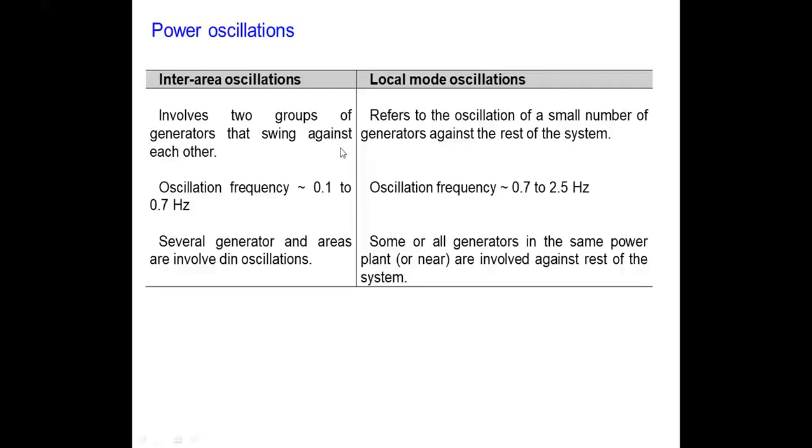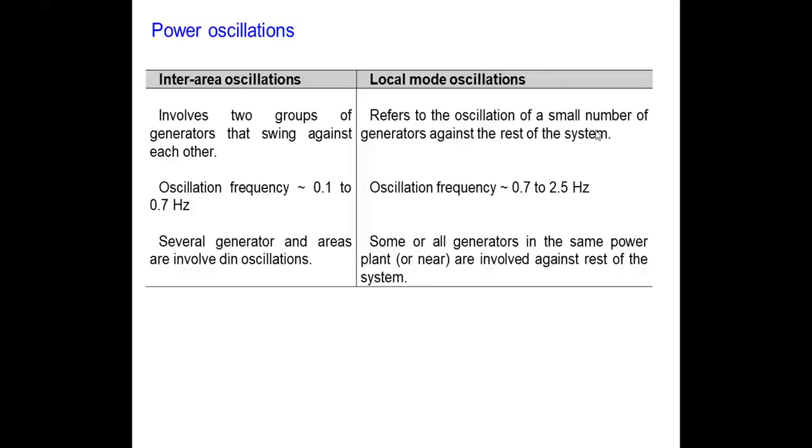But remember one thing, it is always against each other. But local mode will remain within the generators itself. You will not observe these oscillations in the tie line.